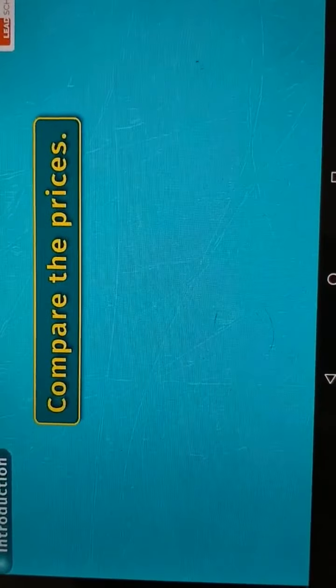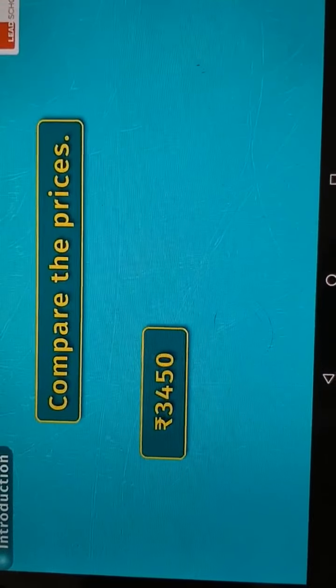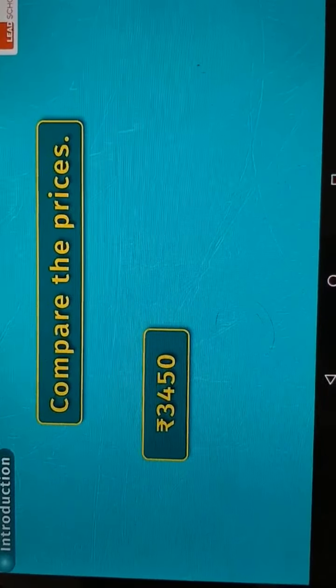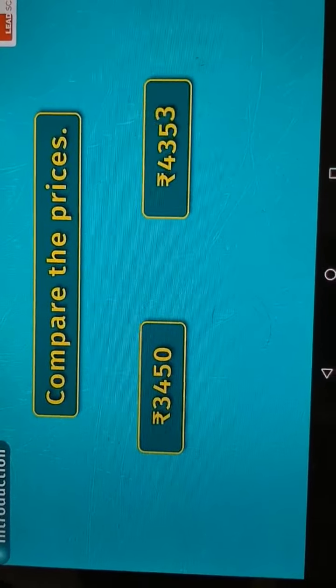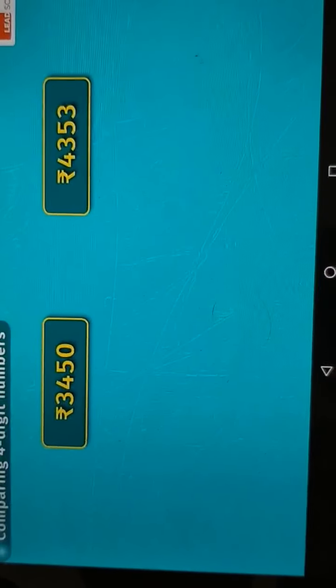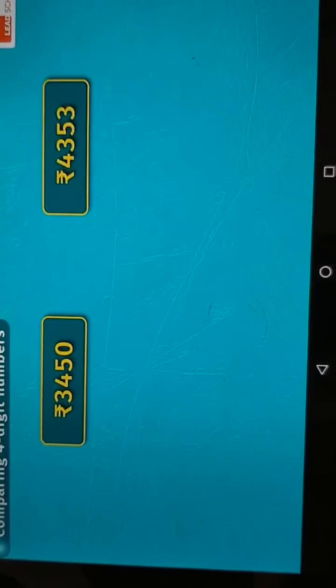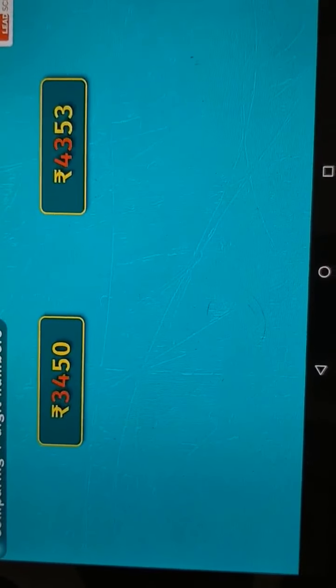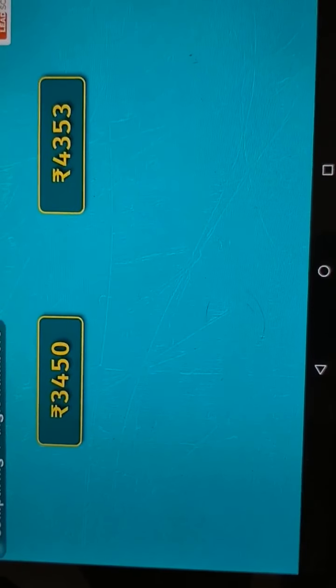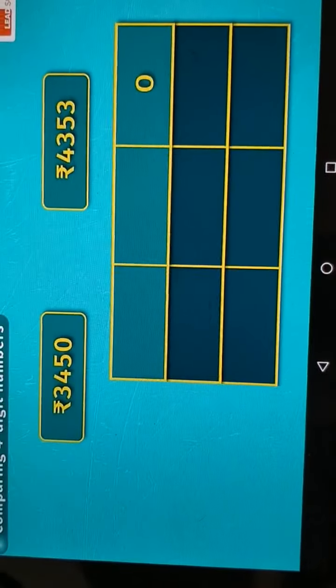One bicycle costs 3,450 rupees and the other costs 4,353 rupees. To compare the prices, we need to know how many digits each number has. Then, we will write these digits in the place value table.